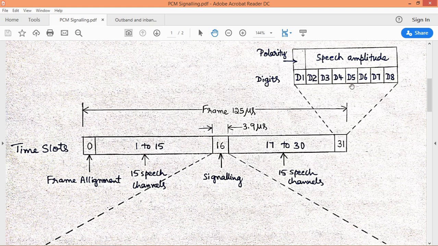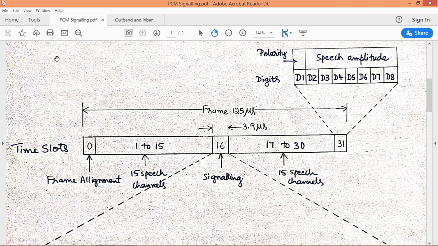Each digit is involved in defining the speech magnitude. We know the DC signals are sampled, whether it is a DC signal or a speech signal. Speech signals are transmitted over the speech band or speech circuit. Similarly, the control signals are also transmitted over the speech circuit or over particular separate, dedicated circuits.